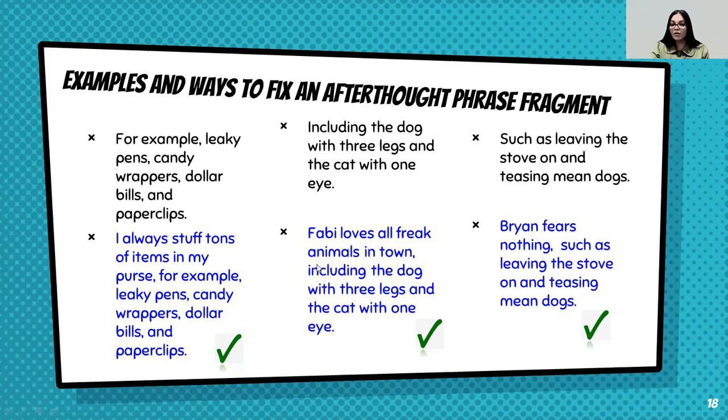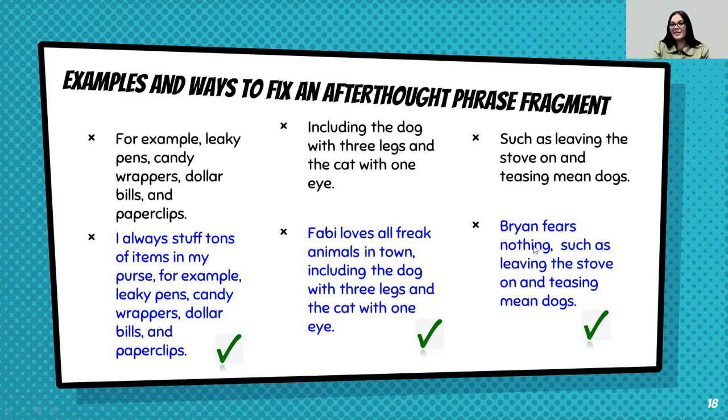Then we have a comma, and then we use the afterthought phrase to exemplify this idea. Savvy loves all freak animals in town. What freak animals? All those that include the dog with the 3 legs and the cat with 1 eye. Savvy sure has a very peculiar taste in animals. The animals are cute in all the ways they are, even if they have 3 legs and even if they have 1 eye. They should be protected too.